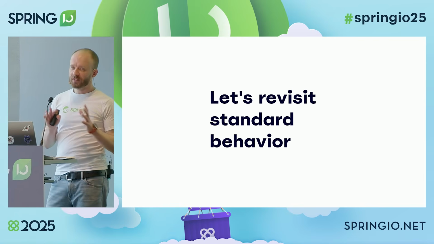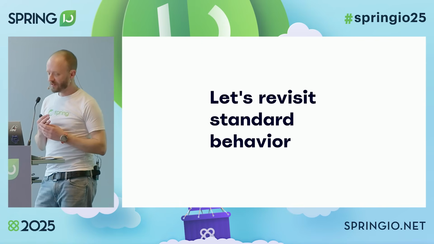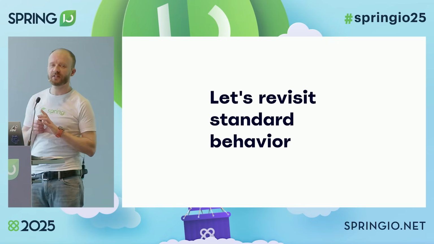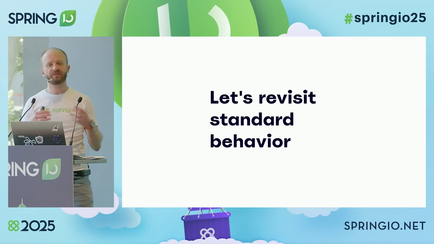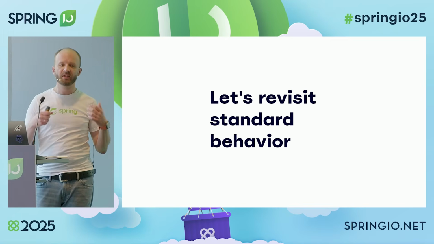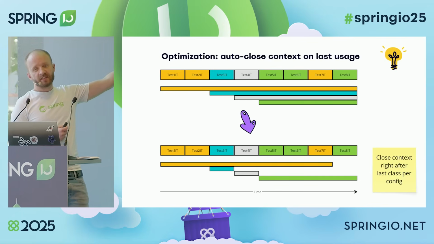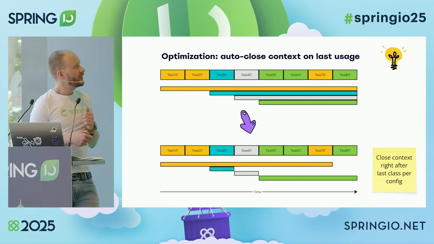Okay, so this is more or less standard advice which you can find. But in our case, it was not enough. So we had to revisit standard behavior to make it more efficient. Let's get back to our test suite of 8 tests.